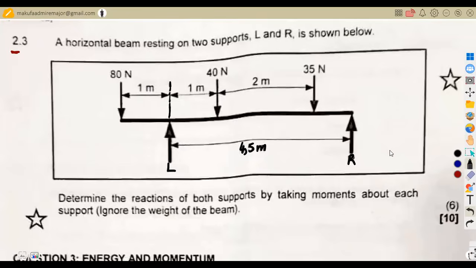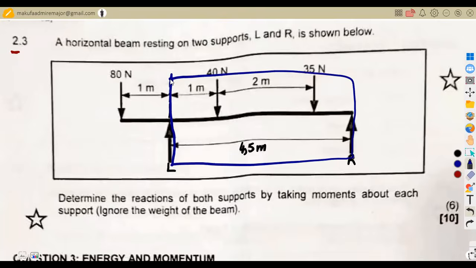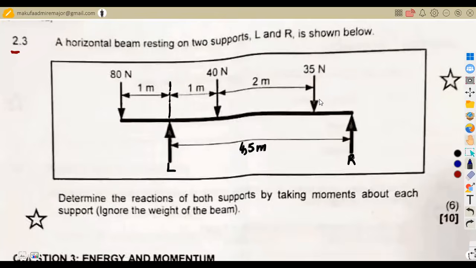So from this information, what does it mean? Let us consider from this point up to the end. We want to know what is happening here. The whole distance from this point up to the end here is 4,5. So we can determine the remaining distance here before we attempt our question. We are going to subtract this 1 and this 2 from 4,5. So that is going to be what at the end?